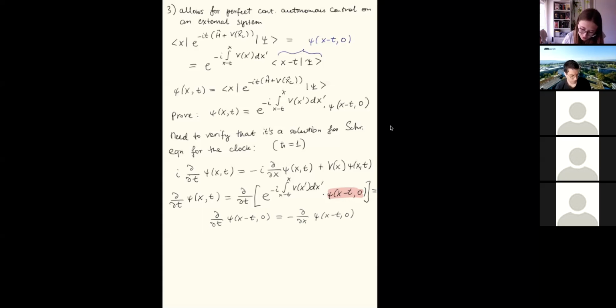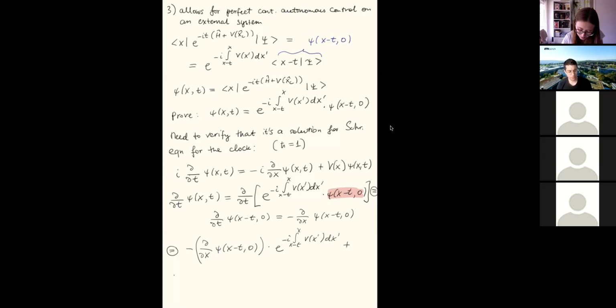And so this allows us to write the first part as minus the derivative with respect to x of psi of x minus t0, times our phase. So this was the first term.